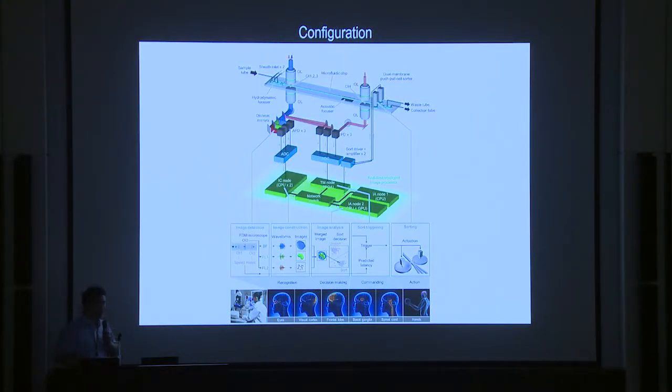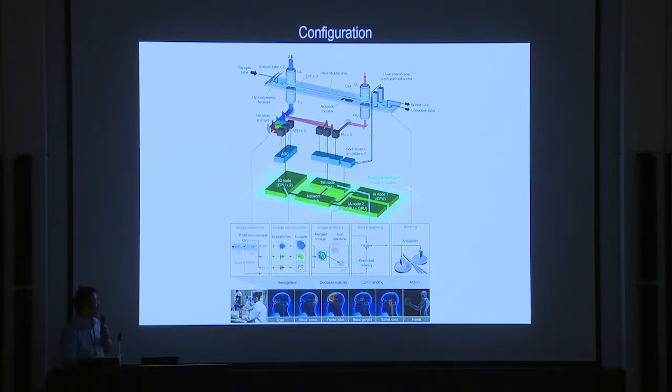And this is the configuration. So we run this system based on a single microfluidic chip. So this is where cells come in. And here we measure the speed of the cells, and also we image every single cell in 3 colors. And then the information is sent to this real-time intelligent image processor, which consists of many CPUs and FPGAs.